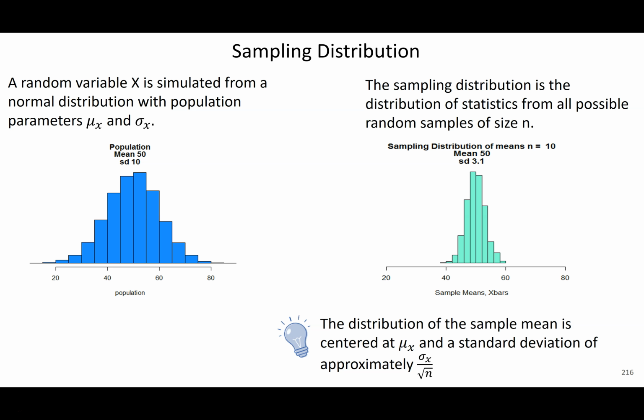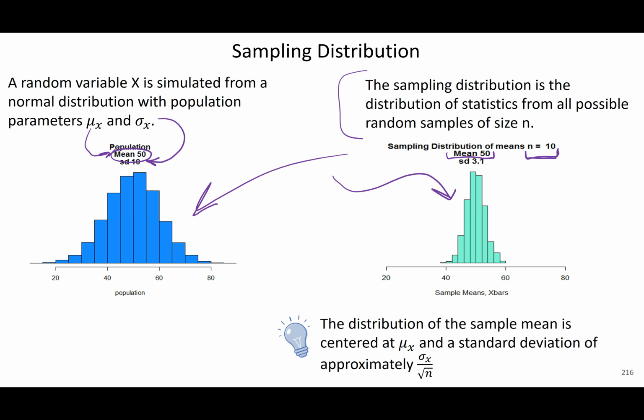Here we're going to look at my population still, so mu is 50, sigma is 10, and it's normally distributed. When I repeatedly sample, taking all the unique samples of 10 from this population that I possibly can, and calculate the sample mean from each one and plot them, they are going to be centered at 50, which is the population mean.